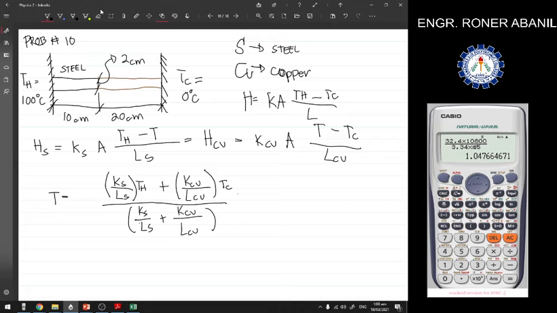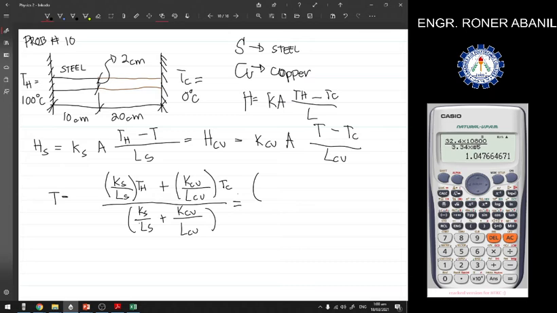Yung KS and KCU naman, makukuha natin dun sa table, 17.5. Pero makikita nyo yun dun sa libro nyo.